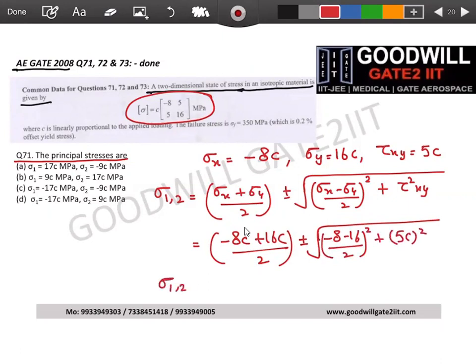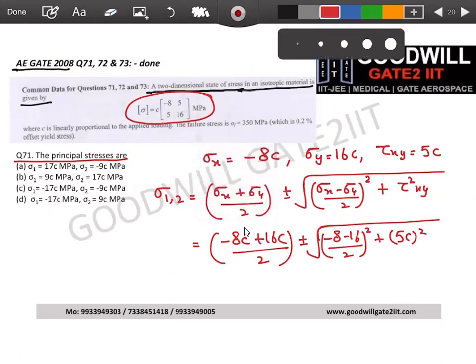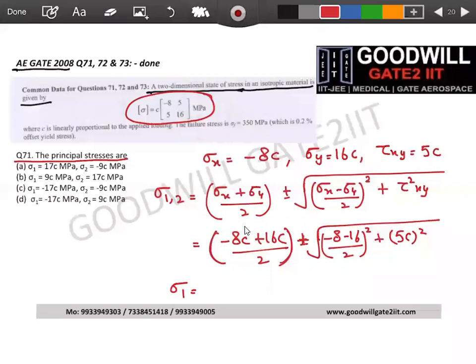Sigma 1, 2 is equal to. Now what we need to do, I'm leaving for you to do it. Once take this number plus this, once take the other number minus this. I'm waiting for you to respond on this. Can anyone help me? What is the answer? I have the key. I can tell you, but first I want you to tell me, is this fine?